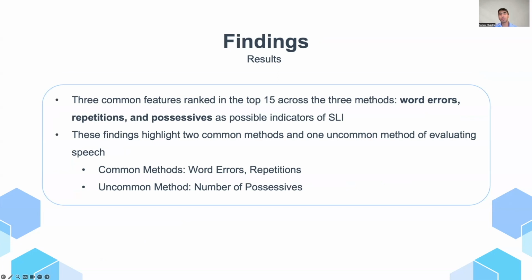The first is word errors, which refers to the number of wrong words used during a task. And the second is the number of words that are repeated during a task, otherwise known as repetitions. The research also found one uncommon method of evaluating speech, which is the number of possessives spoken during a task, and this can be further evaluated to study its correlation to the presence of specific language impairment.